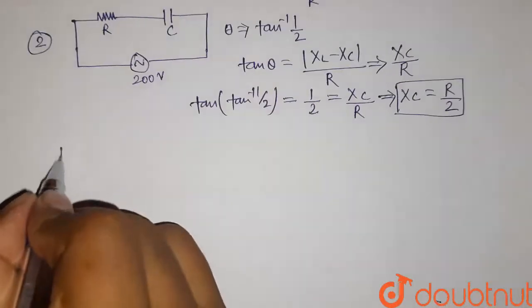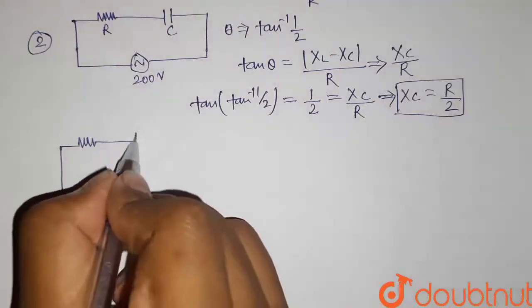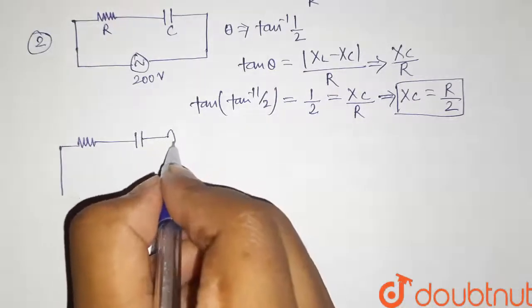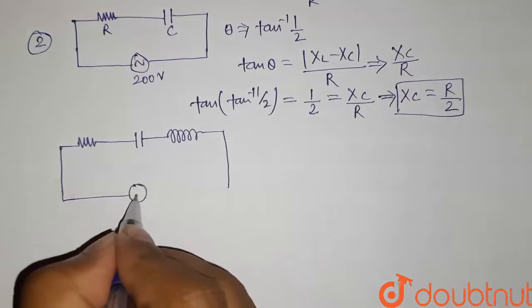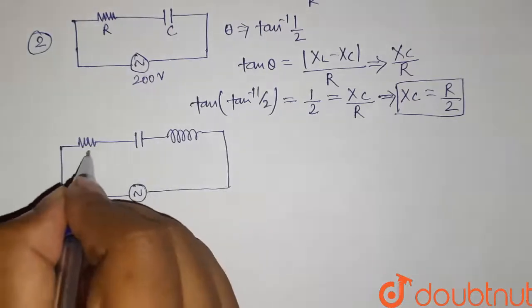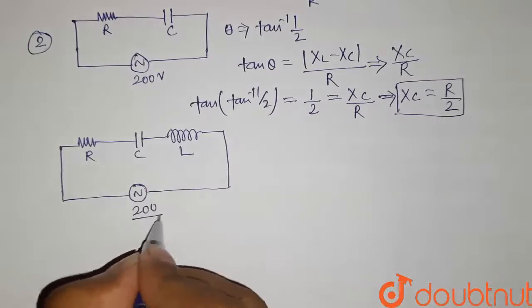Now we have to find the current and power dissipated in the original LCR circuit. So it is our original LCR circuit. It is R, it is C, it is L, and this is the voltage source of 200 volt.